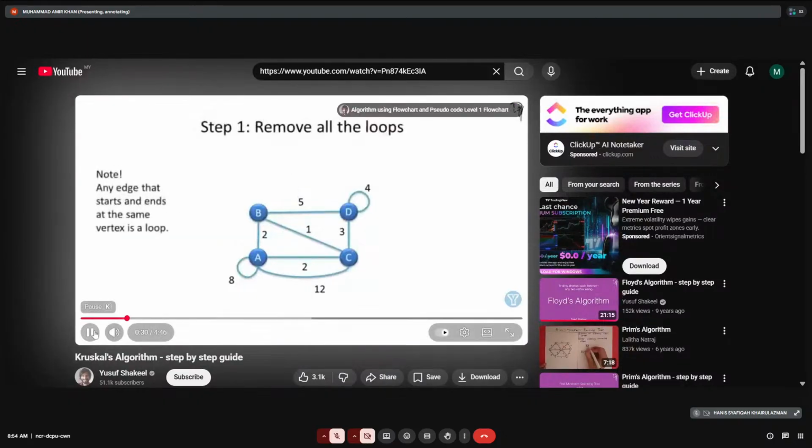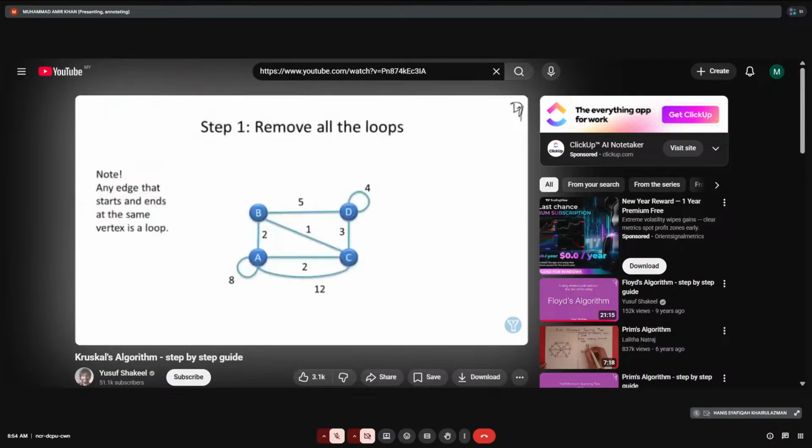Step number 1 is remove all the loops. What is a loop? Any edge that starts and ends at the same vertex is called a loop. How many loops do we have in this graph?